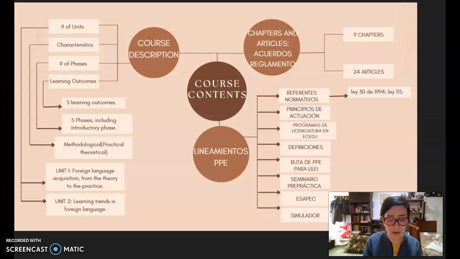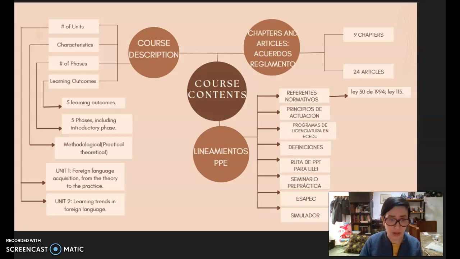Not only observing but also participating with his or her contributions to any kind of problematic previously stated. That's about the characteristics. This course is aiming to strengthen the abilities of foreign language teaching.